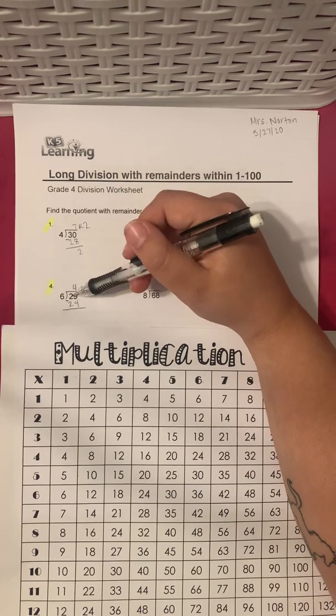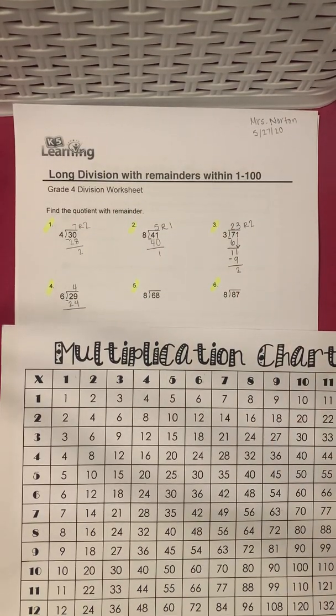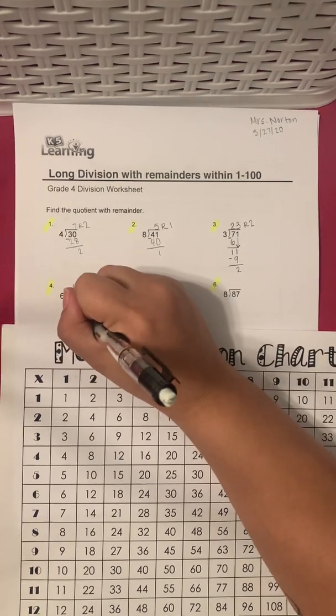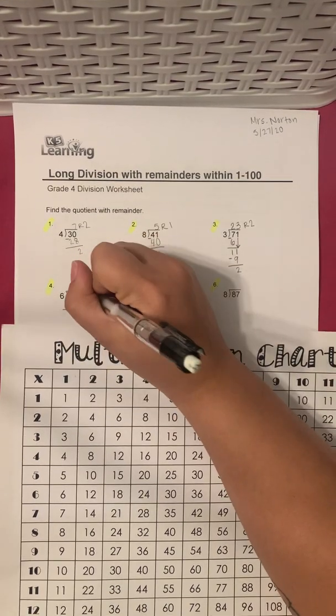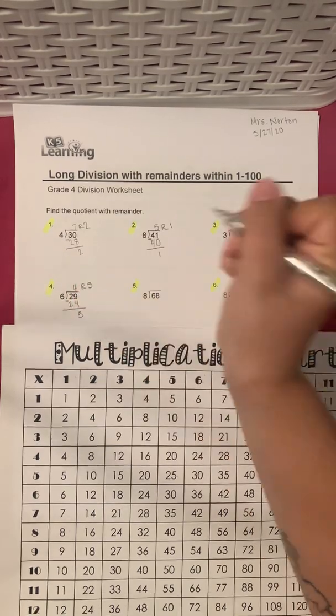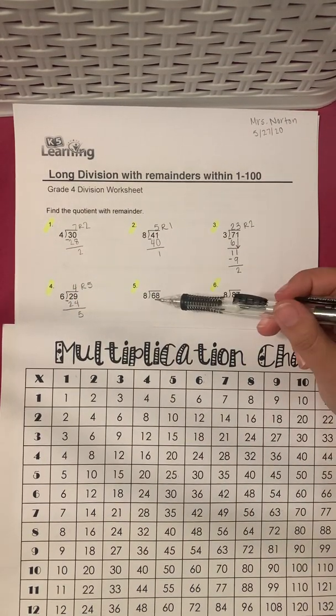So go ahead and do that. 29 minus 24. If you said that's 5, you're right. So our answer is 4 with the remainder of 5. That means we had 5 candies left over. Let's try the next problem.